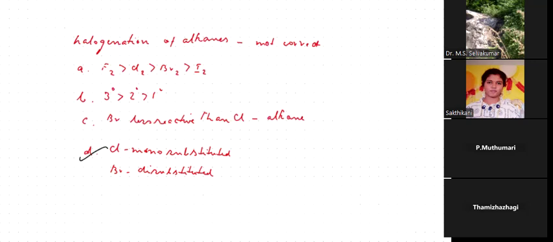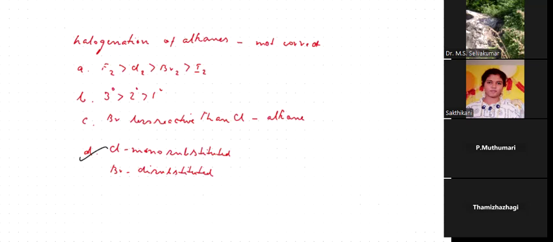And the second statement is also correct because the tertiary alkanes react much faster. The reactivity is very high for halogenation. And less than that is the secondary compound. And the least reactive one is the primary compound. So that statement is also correct.